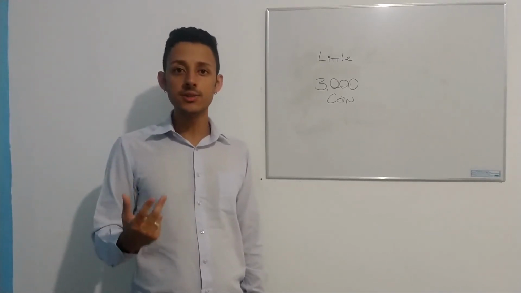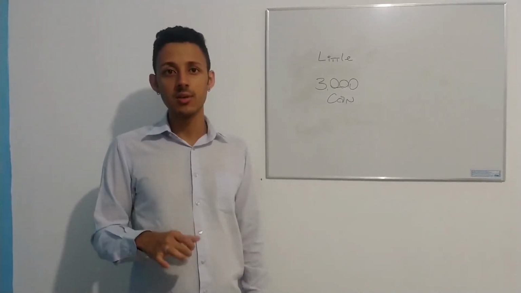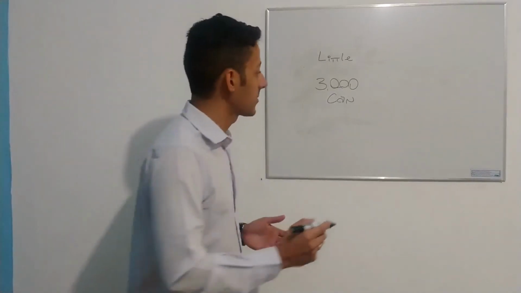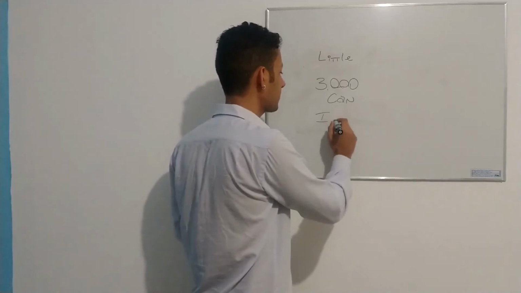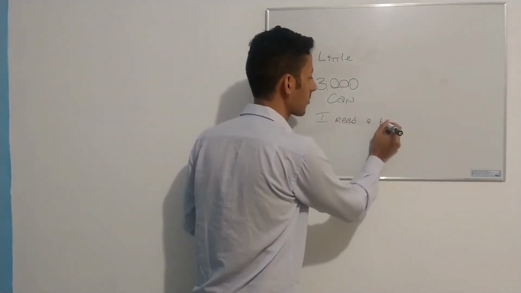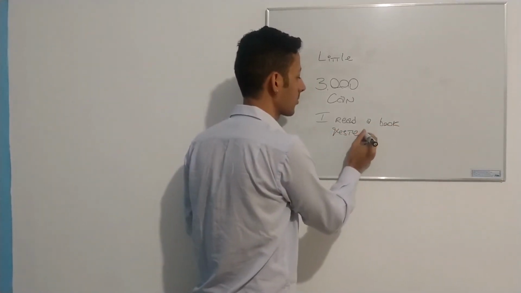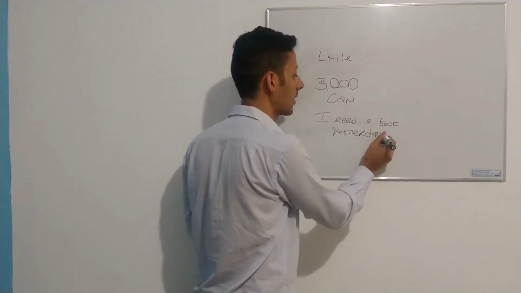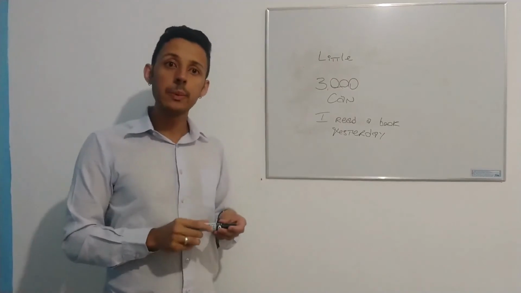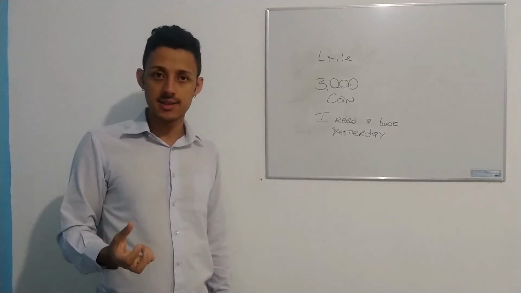So, what we need to do is recognize the word in the context. Because, again, when I speak about "I read," like in this example, what will help you with your reading is the context.